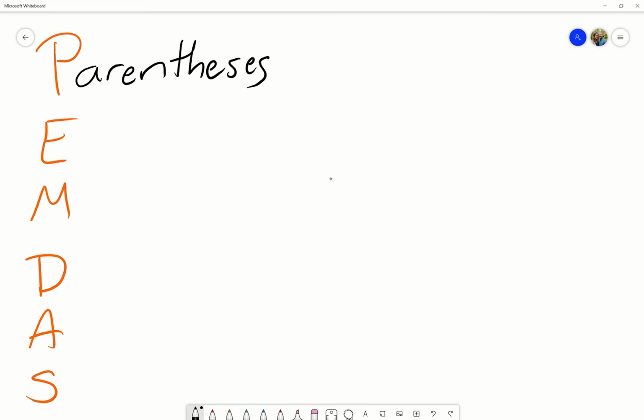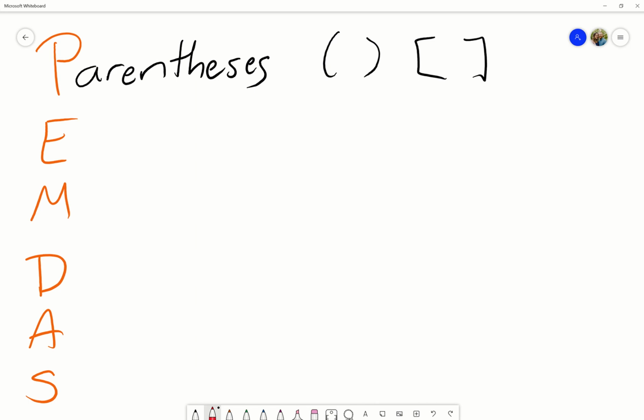So parentheses, those are things that might look like this, or sometimes they might look like that. Parentheses are just a way that we group numbers together. So if we see anything in a parentheses, then we want to jump in and start solving those problems first. All right, next we have our E, which is exponent, right?